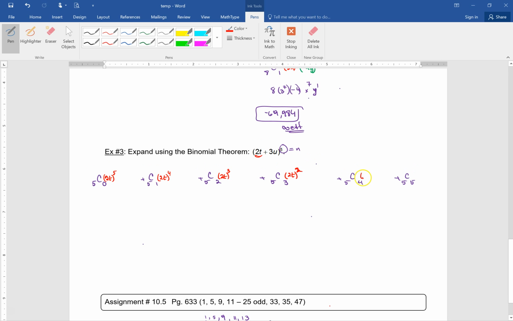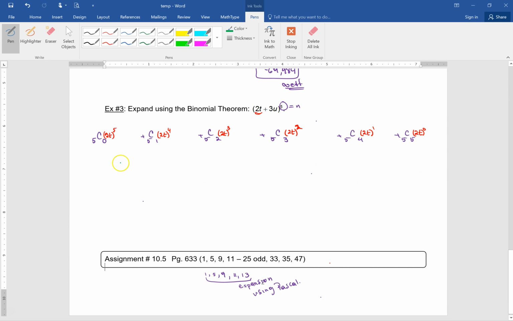Squared, to the 1, to the 0, and then I get the 3u. With the powers 0, 1, 2, 3, 4, 5. Okay?